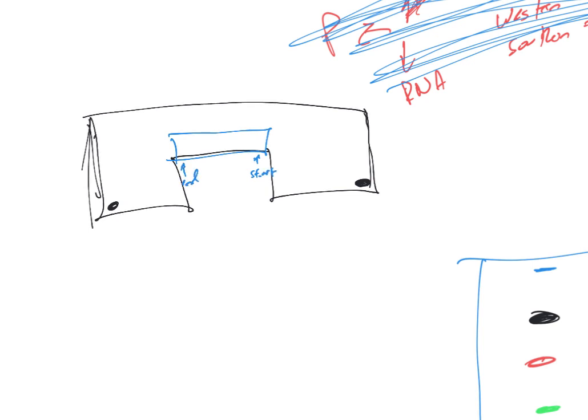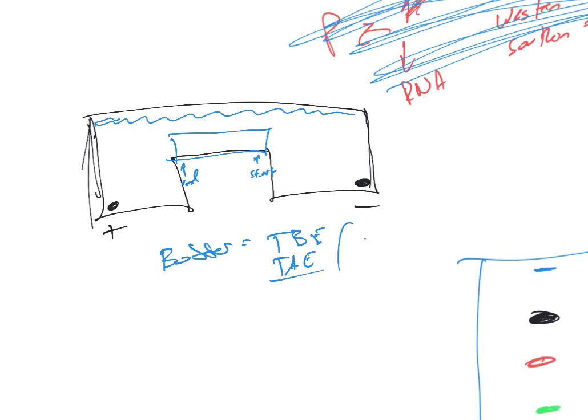Okay? This is the positive end. This is the negative end. Okay? And in this chamber, we have water. And not just water. In the chamber, we have a buffer. The buffer is basically TBE or TAE. It basically means it's salt.